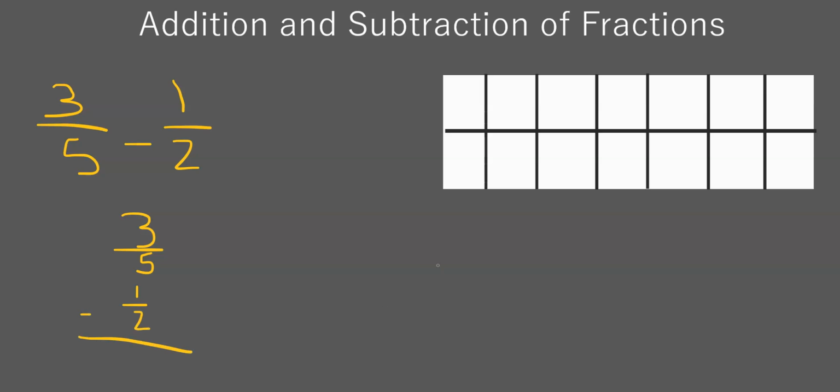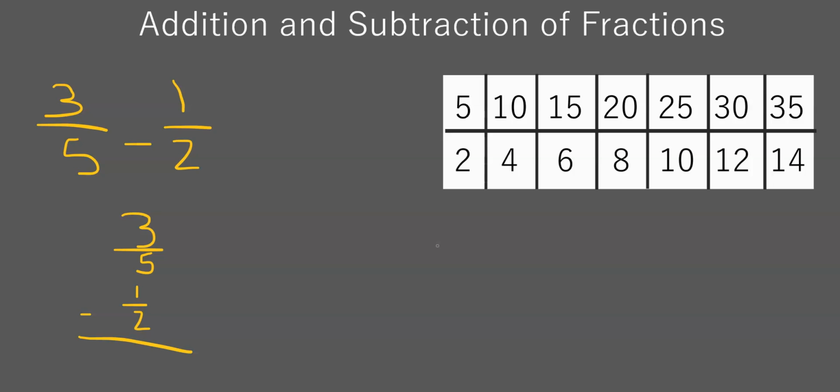Now let's try 2 subtraction problems here. We're going to do 3/5 minus 1/2. Same general rules here. I like to line it up vertically. And we're going to use the common multiples to find our least common denominator. And for 5, we have 5, 10, 15, 20, 25, 30, 35.